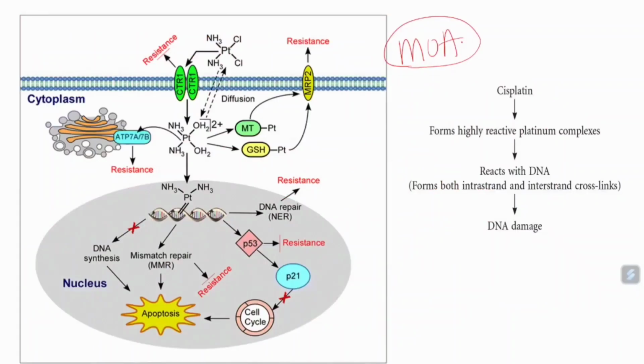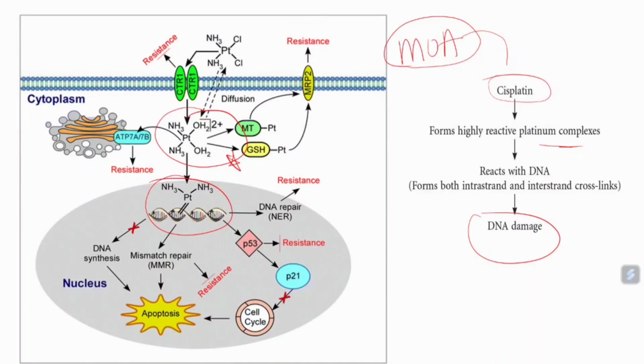When the drug, particularly cisplatin, is given through the IV route, it forms highly reactive platinum complexes. Platinum complexes are formed immediately when it is absorbed or enters the cell. In the neoplastic cell, the platinum containing complexes go and accumulate in the DNA, and they damage the DNA. It forms crosslinks and damages the DNA.